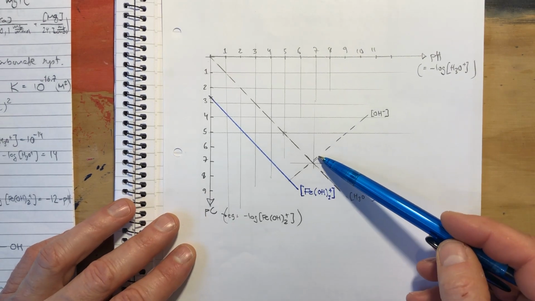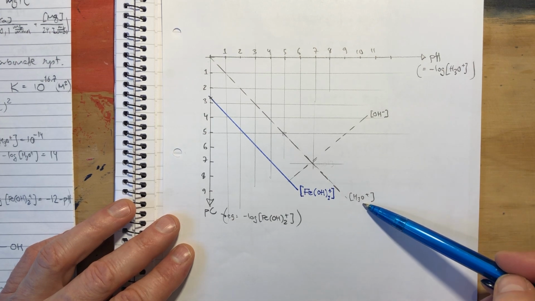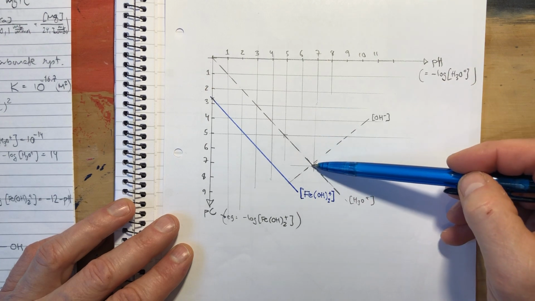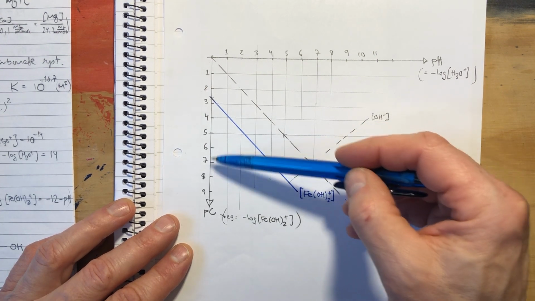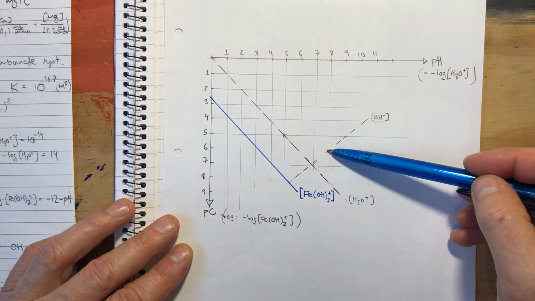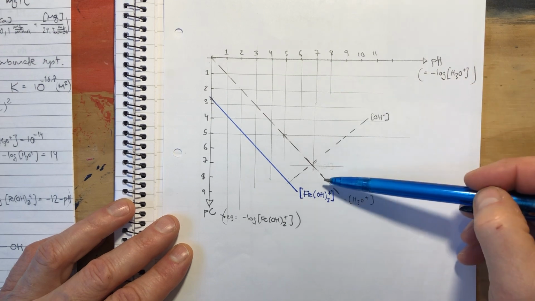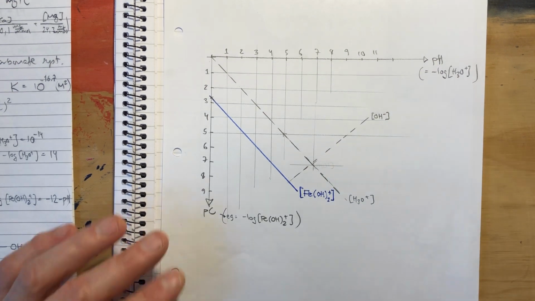So the sum of the log of the OH minus concentration and the H3O plus concentration at any pH is 14. So at a pH of 7, I have both of them at a concentration of 7. Going up in pH to 8, I have 6 and 8. Still, the sum of the two log concentrations equals 14.